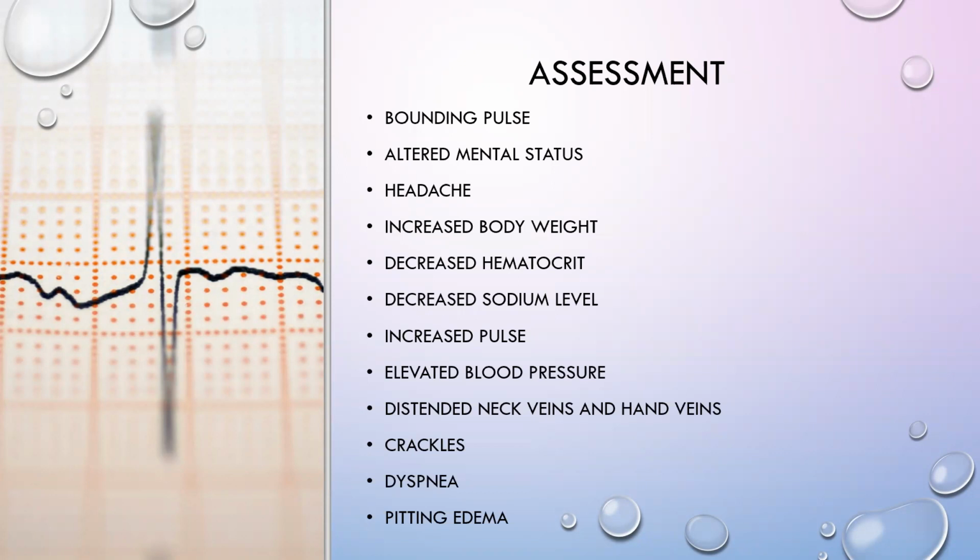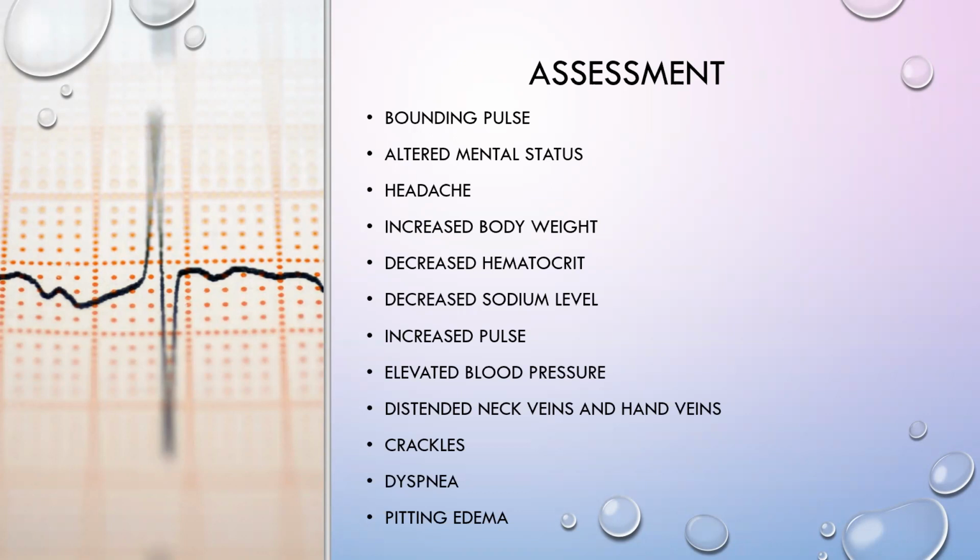Assessing for fluid volume excess in the renal system, you'll be assessing for increased urine output if the kidneys can compensate, or decreased urine output if kidney damage is the cause. When you assess it in the integumentary system, you'll be looking for coolness of the skin, paleness, and pitting edema in dependent areas.